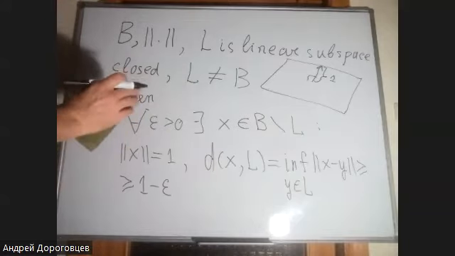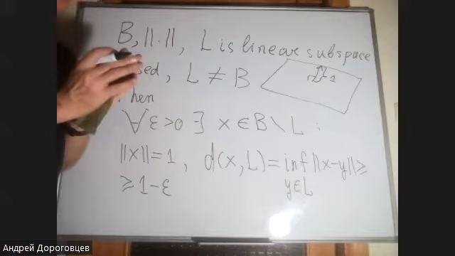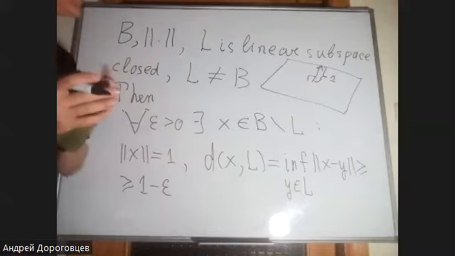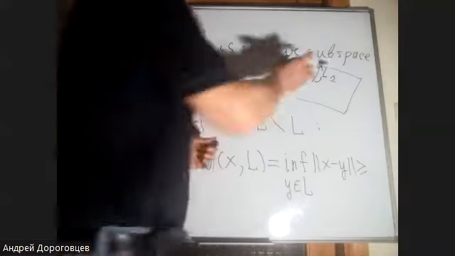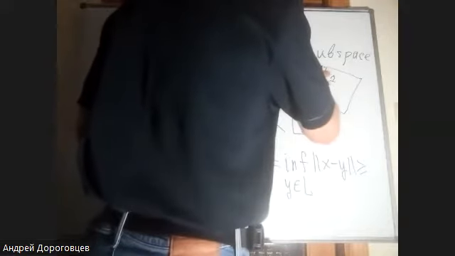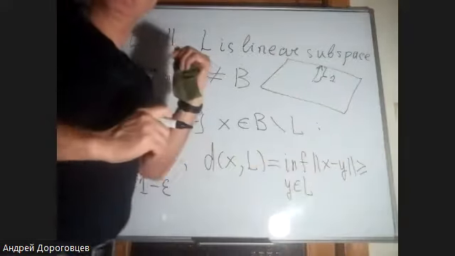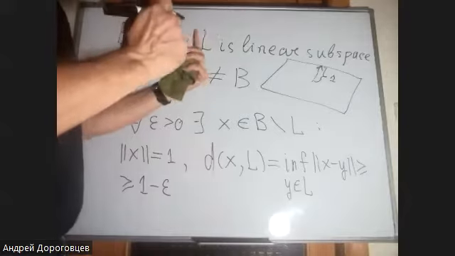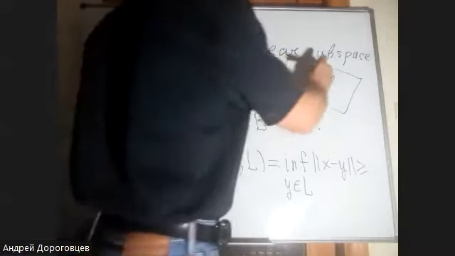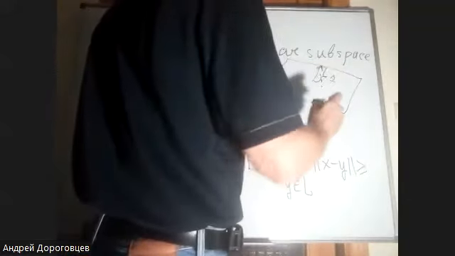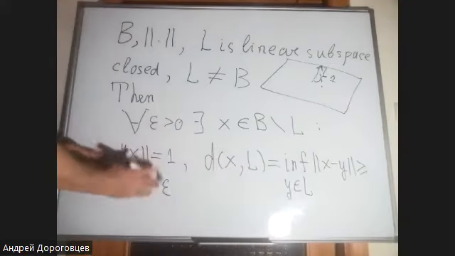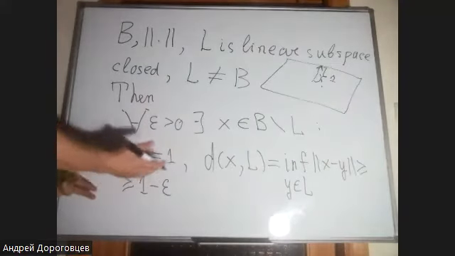The claim is that we have almost the same situation in the Banach space, but now we have not an orthogonal vector, but we have such a vector that the distance is at least 1 minus epsilon.